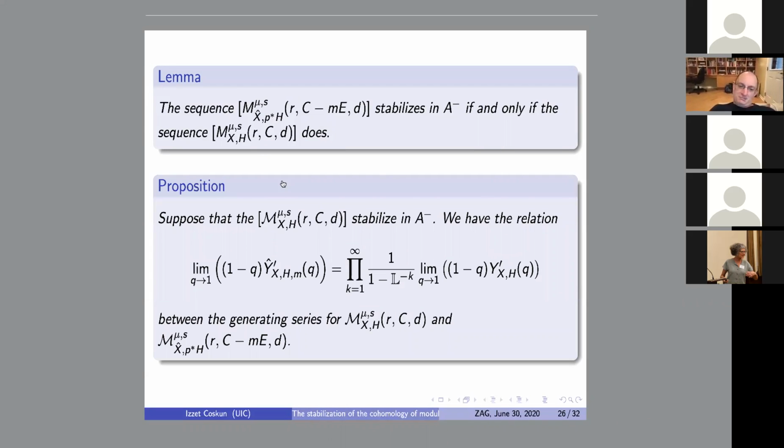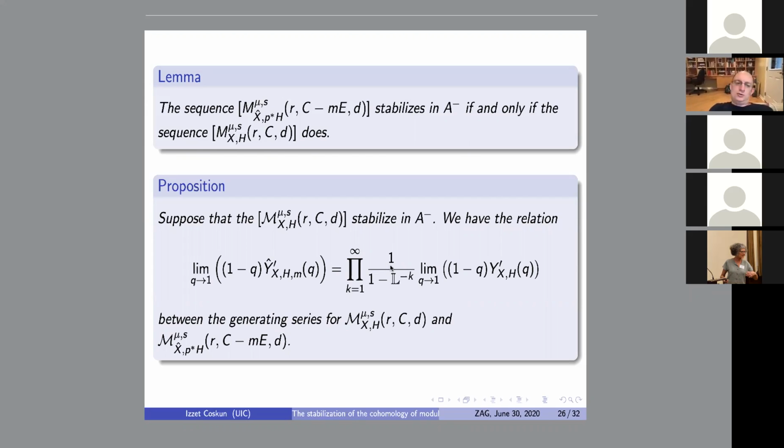And the relation between them is, again, you study this formula. Again, I'm not going to belabor too much what you have to do with the formulas, but it gives you what you think it should give, which is 1/(1 - L^(-k)) multiplied, k from 1 to infinity. Okay, so what this is saying is that if you vary the polarization, what you expect happens, and if you blow up, what you expect happens.